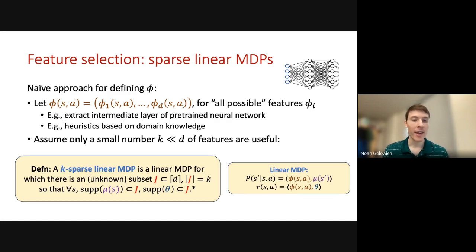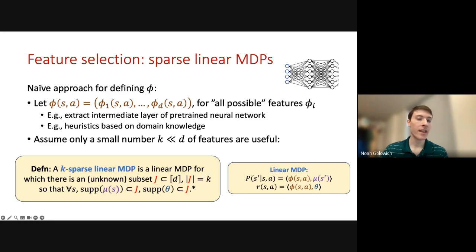So for some parameter k, we say that a k-sparse linear MDP is a linear MDP for which there's some unknown subset J of features of size k, so that for all states s, the feature vector mu(s) is supported on J, and also the coefficient vector theta is supported on J. So to understand what this means, it's useful to look at the definition of a linear MDP.